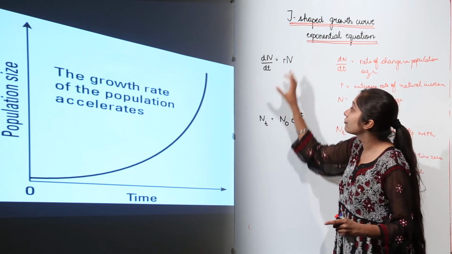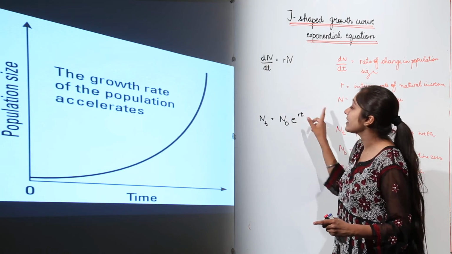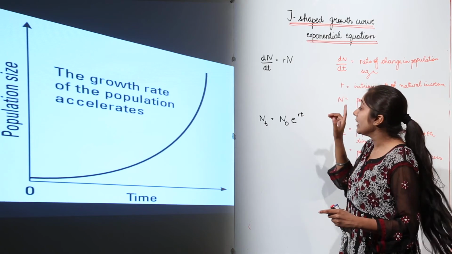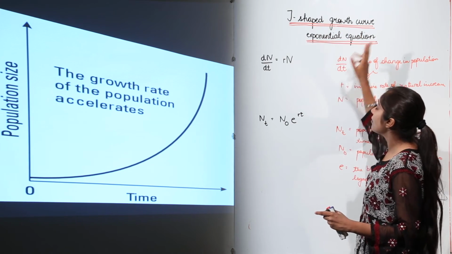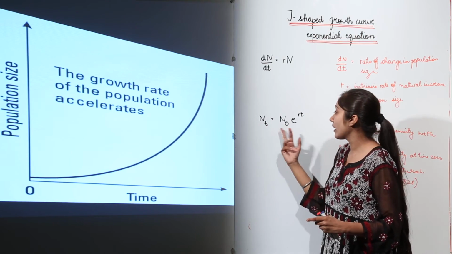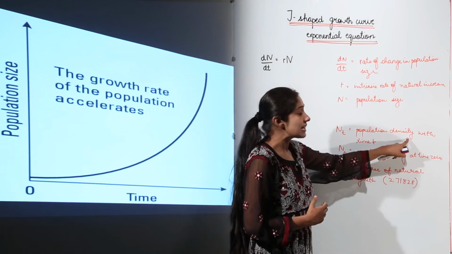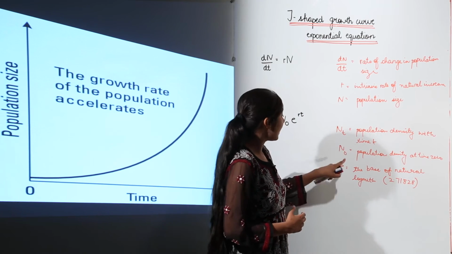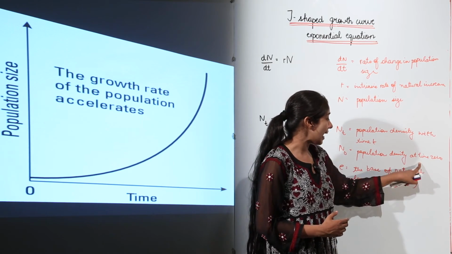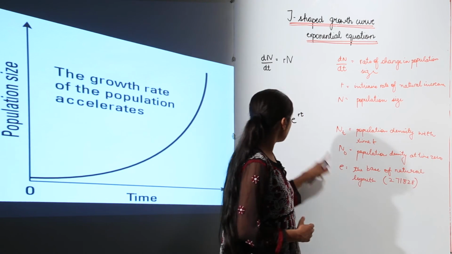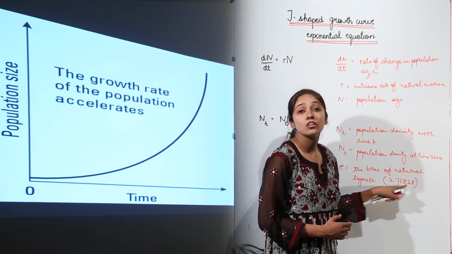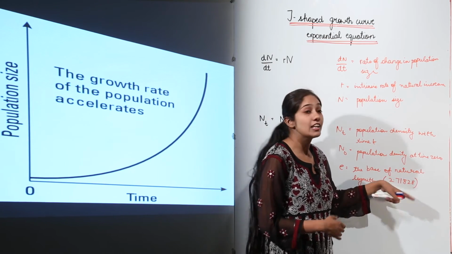In integral form, this J-shaped growth curve equation is Nt = N0 e^rt. Nt is population density at time t, and N0 is population density at time 0. e is the base of the natural logarithm, that is 2.71828.